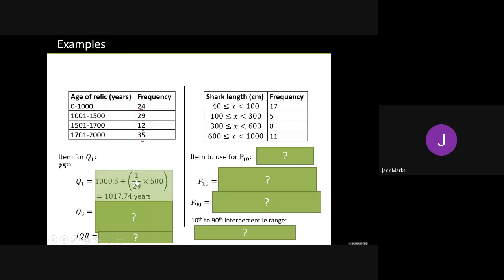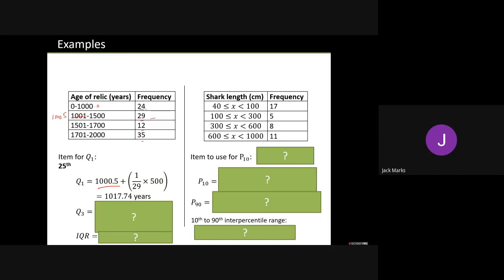What's going to happen? Well, because we have grouped data, we've got a calculation for linear interpolation. So first of all, you need to adapt these, so we have the gaps covered for linear interpolation. Then we're saying it's in this group, so we start at 1000.5.